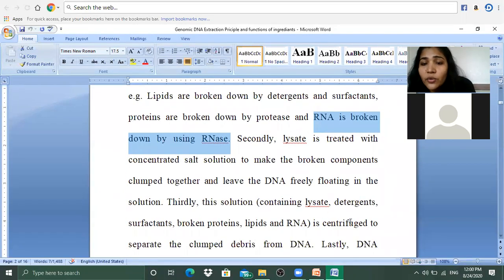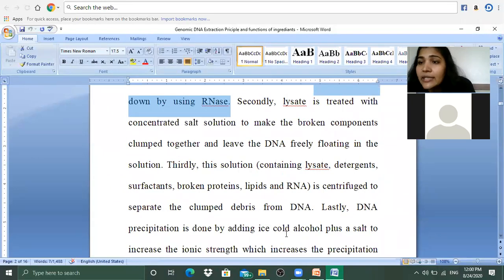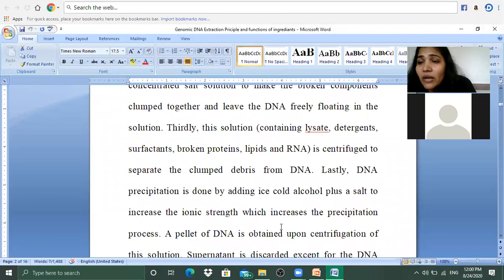Third thing that you will be doing is centrifuging all this clumped debris so that you will have only DNA in the clear solution. Okay, and then the fourth part that you have to do is precipitate the DNA by adding alcohol and the salt solution, which will increase the ionic strength and help in precipitation of the DNA.